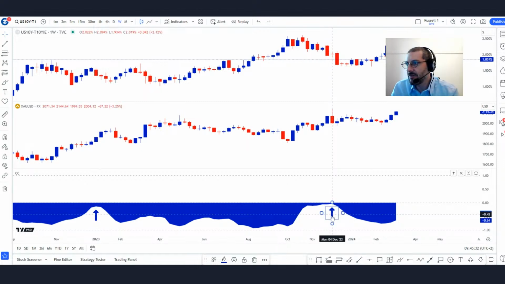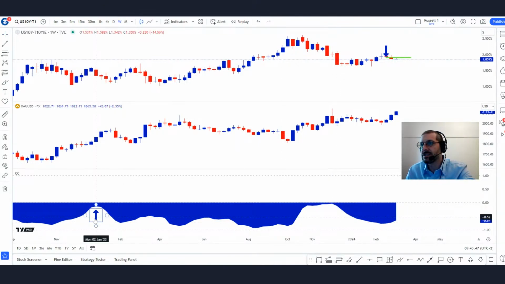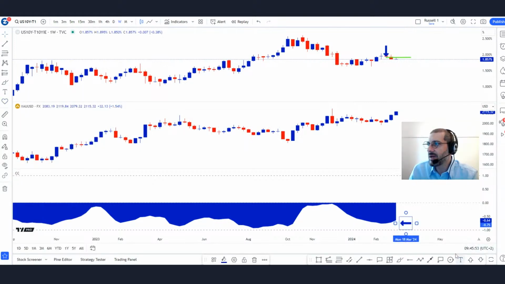And then if we go through to December 2023, there's a break in the correlation there as well. And what's subsequently happened is that the correlation has reattached. You can see over here that we've got about a 64, 65% correlation reattaching.